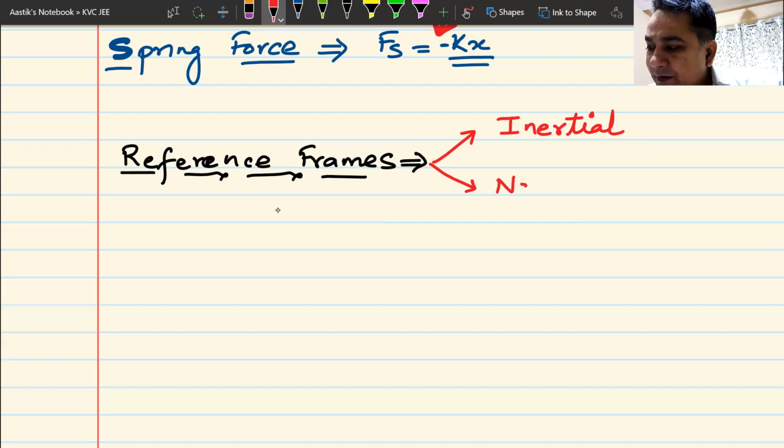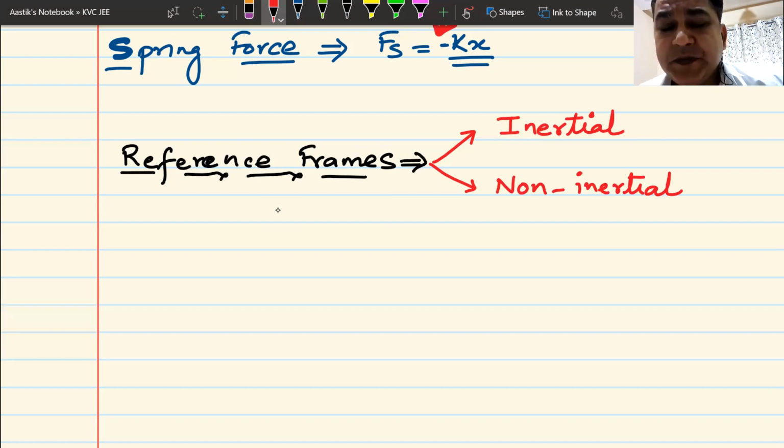The first type of reference frame is known as inertial reference frame, and the second type is known as non-inertial reference frame. Have you heard these terms? Inertial and non-inertial reference frame. Anyone who has heard this term, please raise hands. No one seems to have learned this.